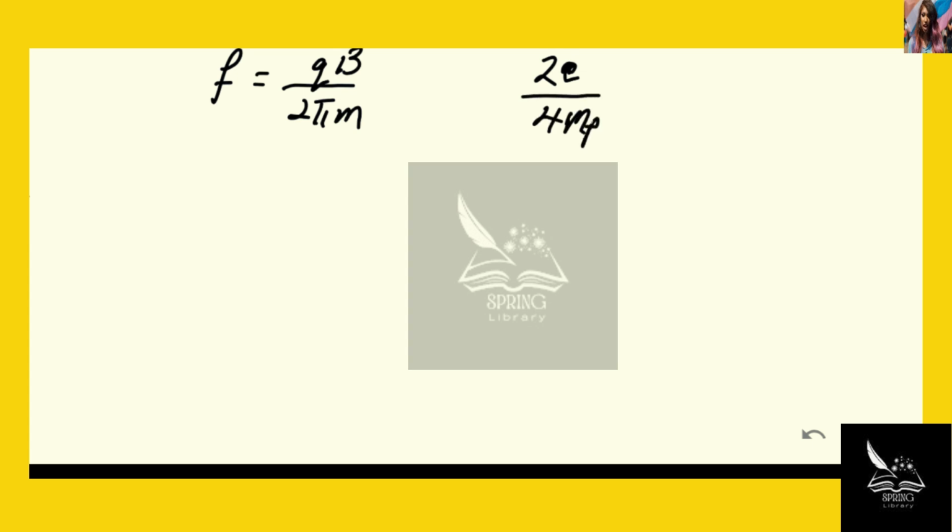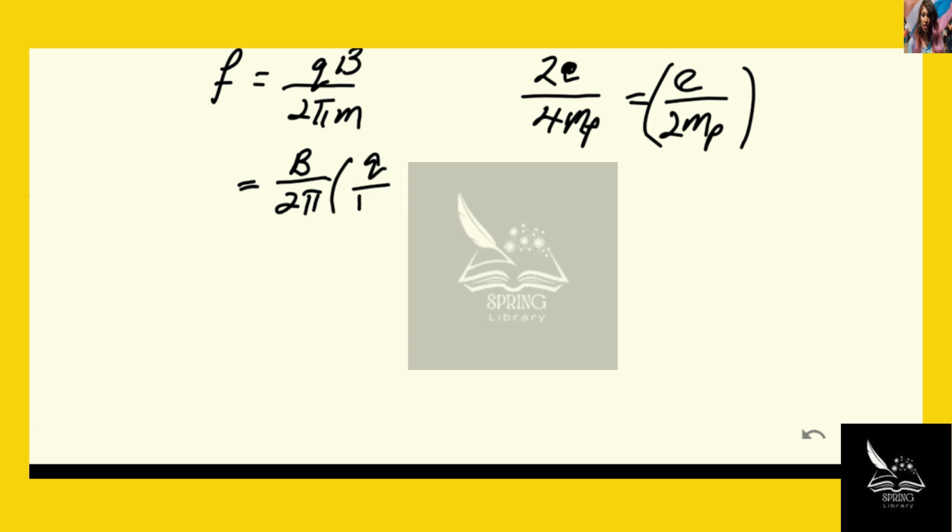So they have the same ratio. They should have the same frequency, because in this case we are just taking constants, B over 2 pi times the charge to mass ratio. So we can just use either case to find the frequency. So maybe we use the deuterium one, since it is simpler.